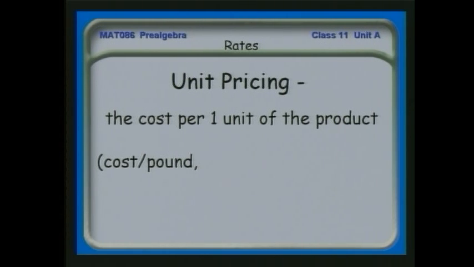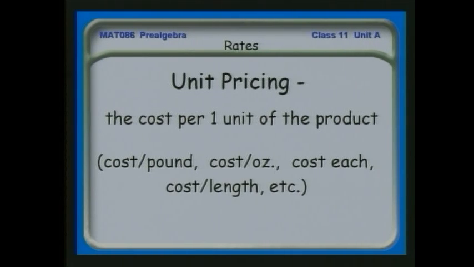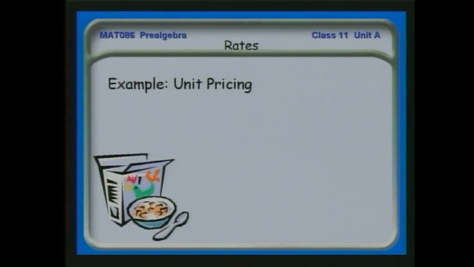For example, if you have flour that's measured in pounds, cost per ounce, how many ounces of M&Ms did I have there? The cost each if I have a can of soda. The cost per length, and so on and so forth, where you're relating the cost to some physical quantity of the unit itself.